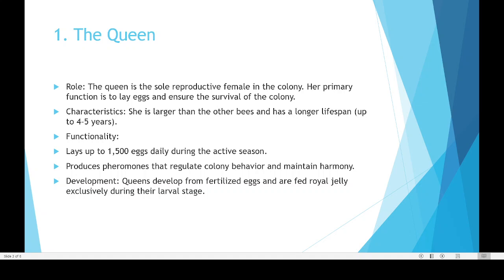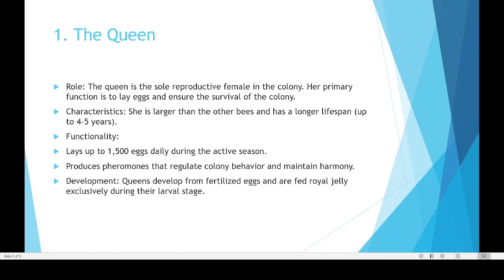So that is the characteristic feature of the queen. She will be laying up to 1000 eggs during the active season. And she also produces certain smell molecules, known as pheromones, and the pheromones influence the behavioral activities of other members in the colony.